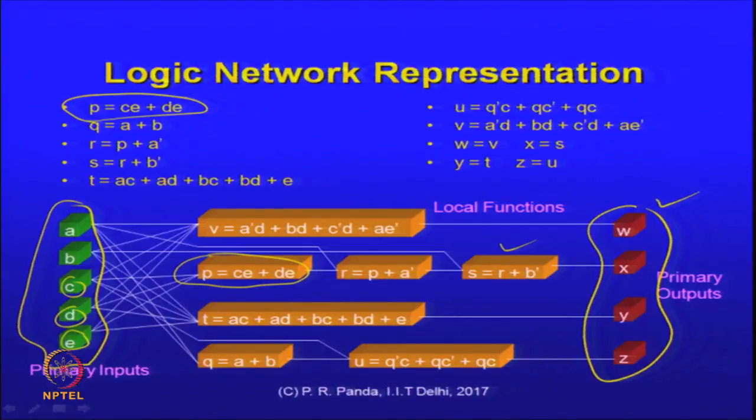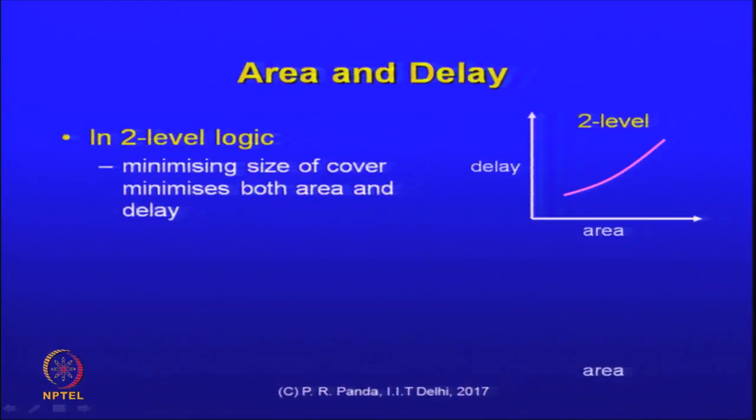Yes, so each node is performing one Boolean function. So, that is the output. That other node there performs the function r equals p plus a prime. p comes from the output of that node there, and a prime comes from that node, original node itself.